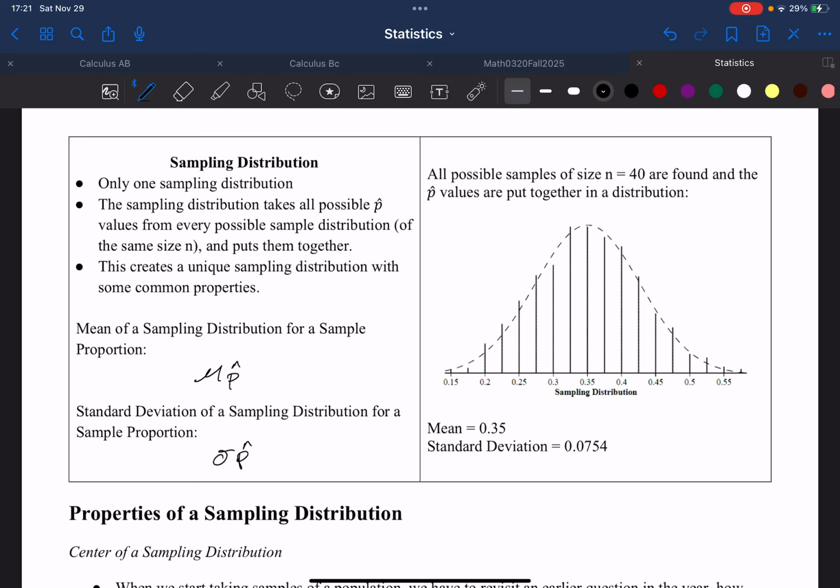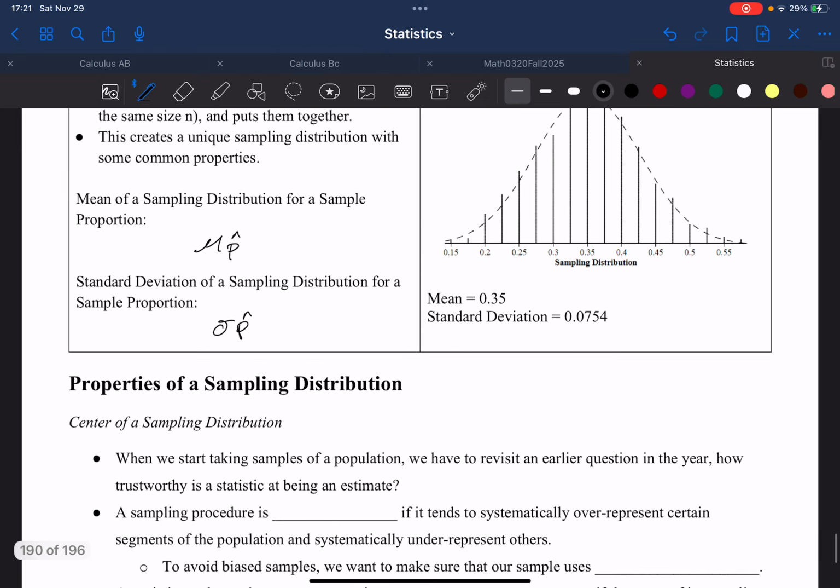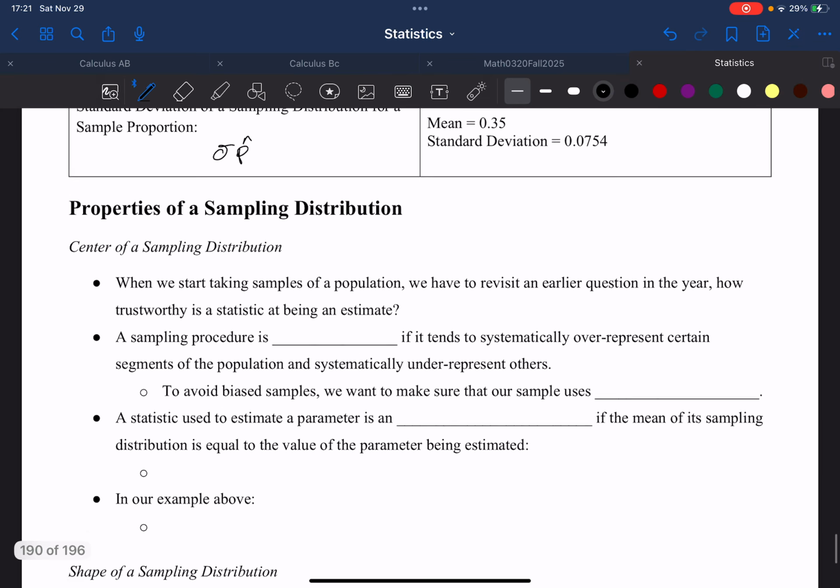So think of all of these different pieces of data found and created this normal distribution. They give us the values for the mean and standard deviation: the mean was 0.35 and the standard deviation was 0.0754. We're going to learn how they found those in just a moment.